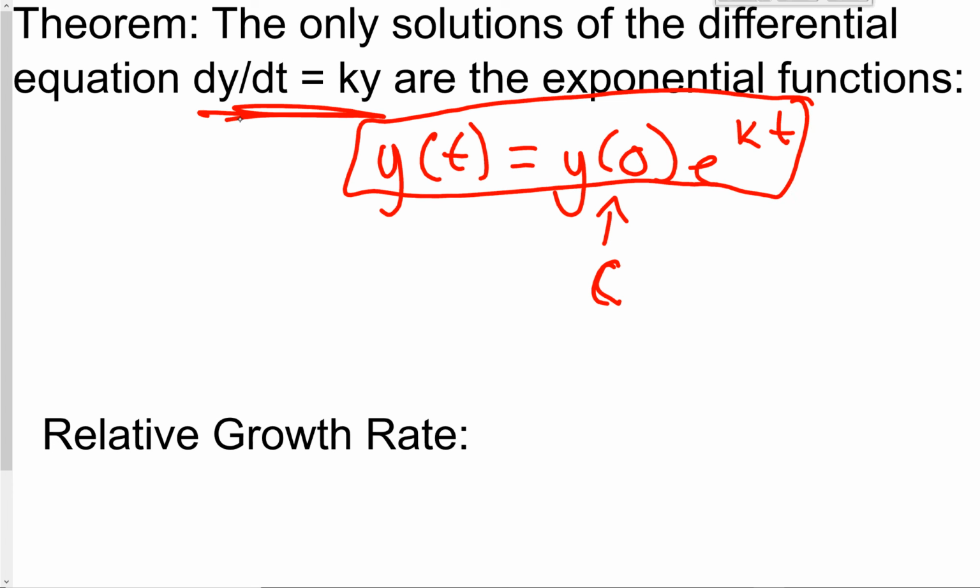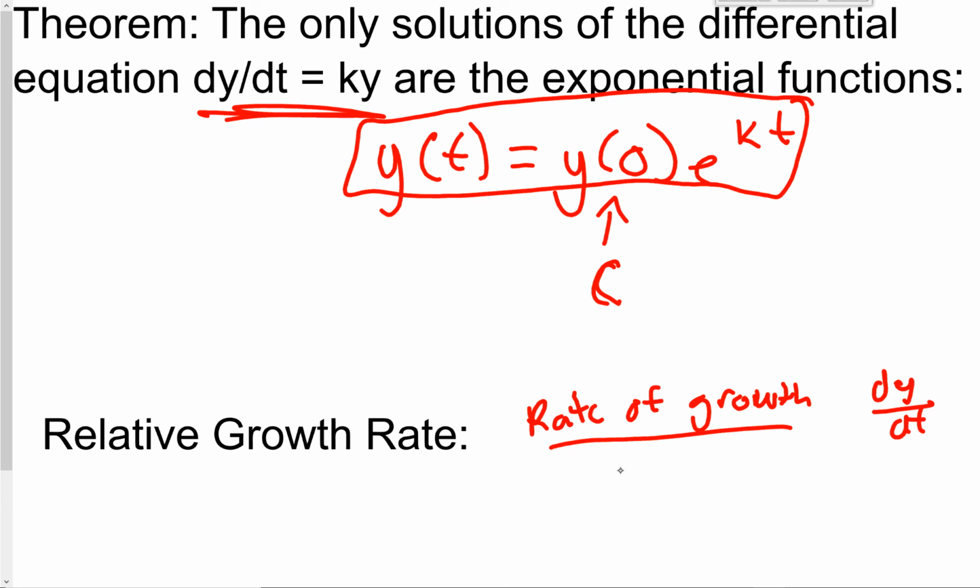And when we talk about the relative growth rate, we're talking about how our rate of growth, that would be our derivative, dy over dt, divided by our population, which would just be y.